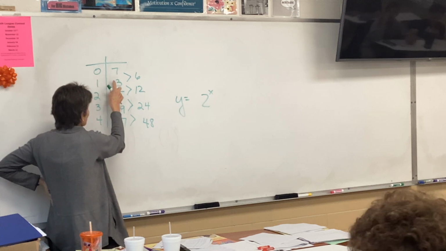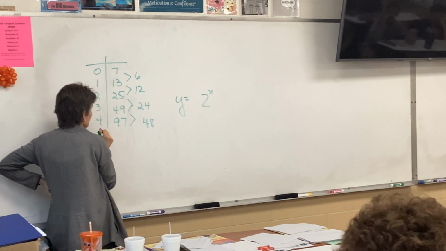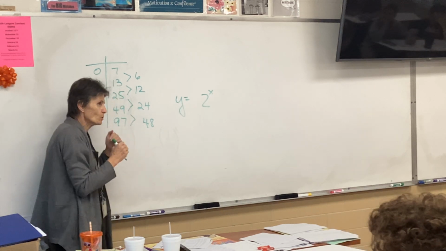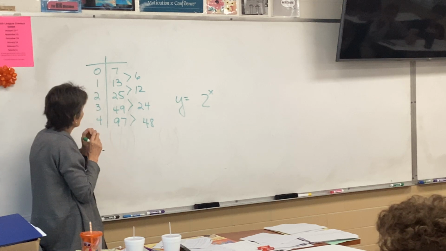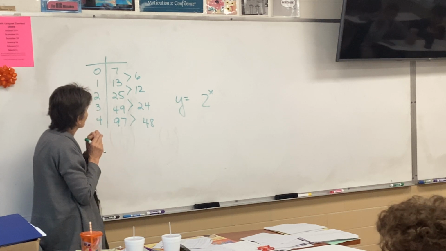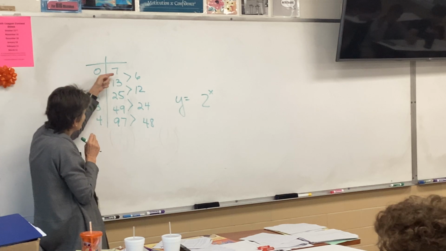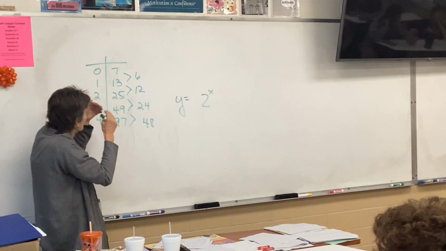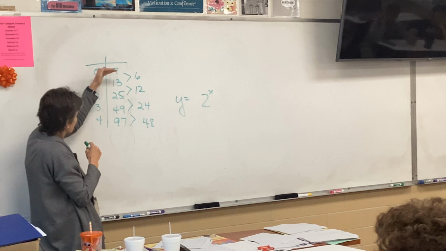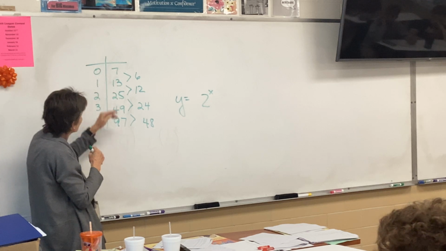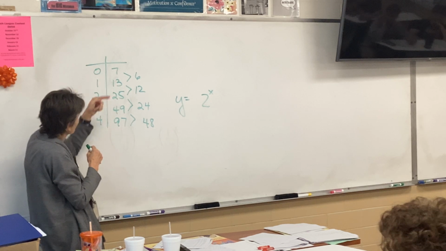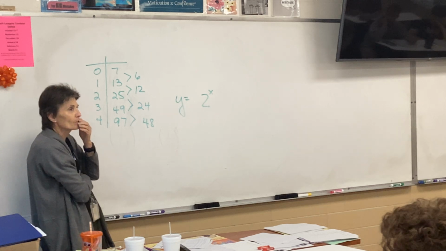Could you do anything to these numbers to make it proportional? Look at them carefully. You want to be able to multiply by 2 to get from here to here to here to here. How would we have to change these numbers to make that happen?